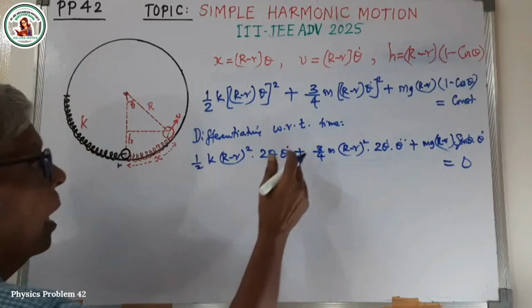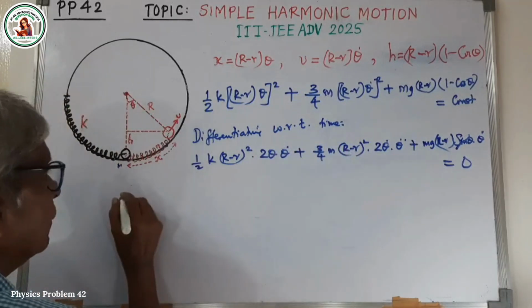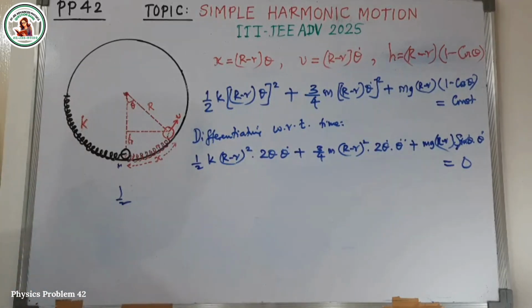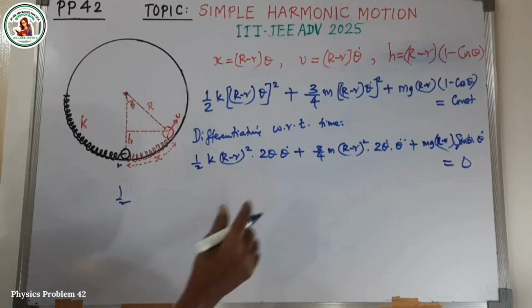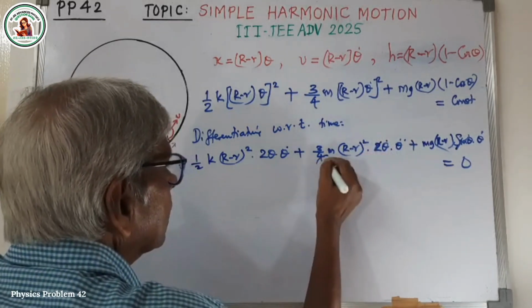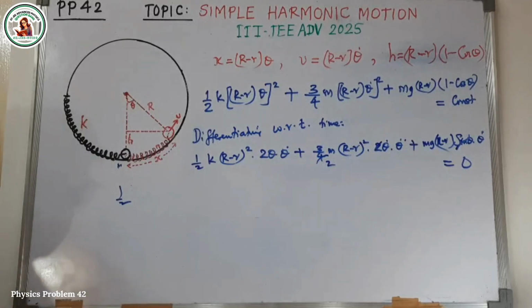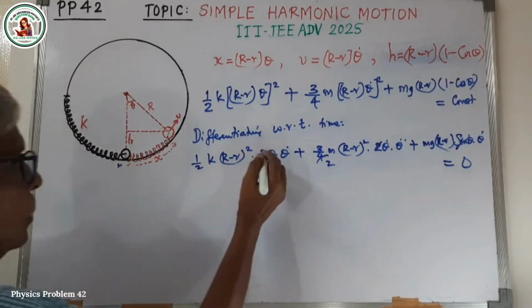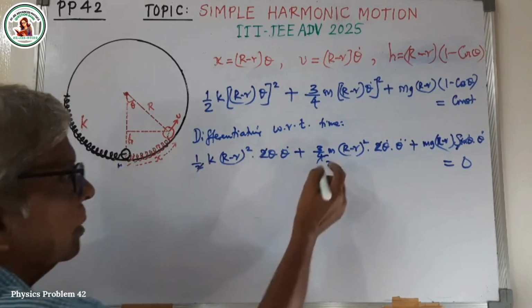Then simplify this. You can cancel the 2 and 2, and (R minus r) square and so on cancel. Here also 2 cancels.